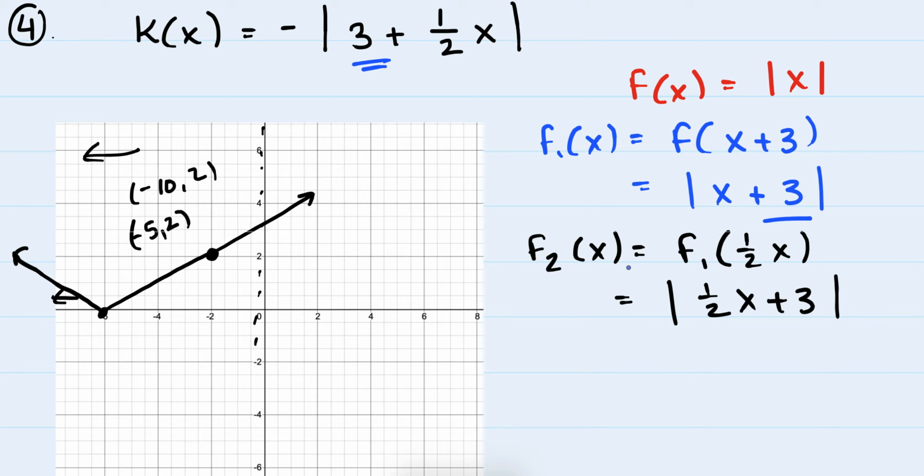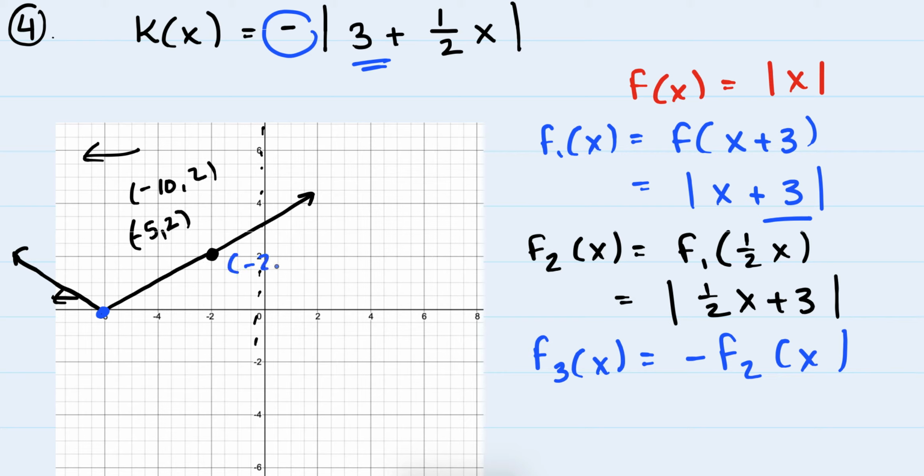The last thing, the difference between this function and this one, is we have a negative on the outside. So our last function is going to multiply this one by a negative. And the negative is on the outside, which means I flip it with respect to the line y equals 0, or the x-axis. This point is (-2, 2), so that becomes (-2, -2).